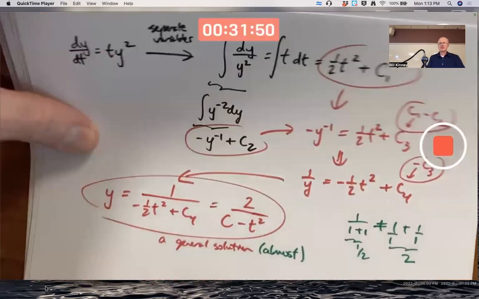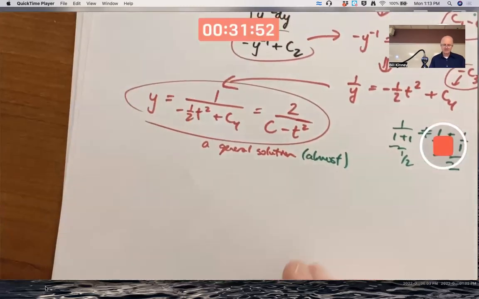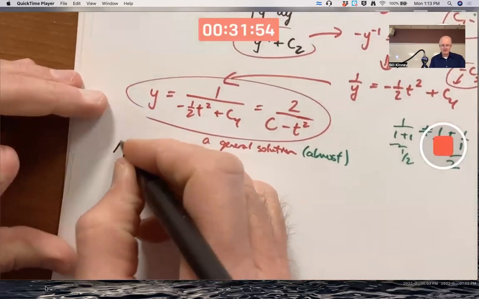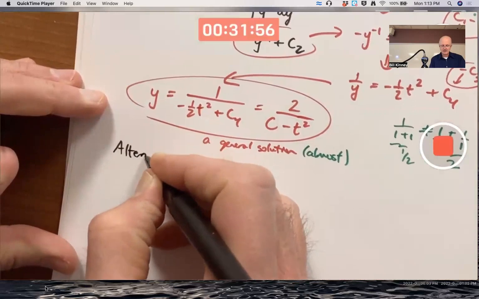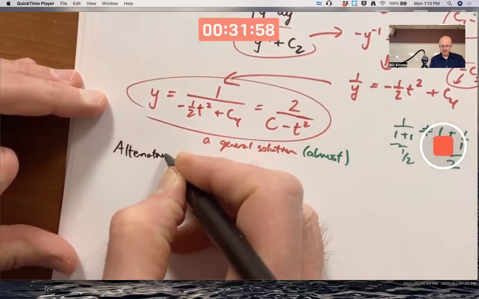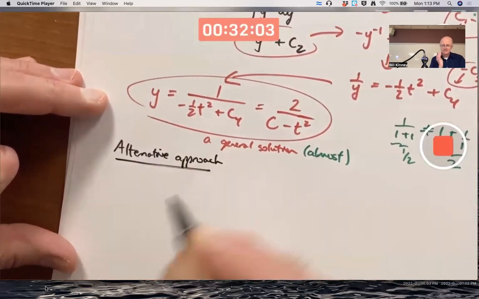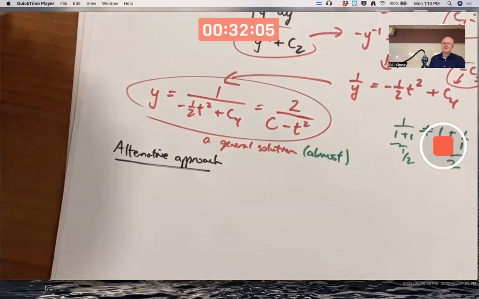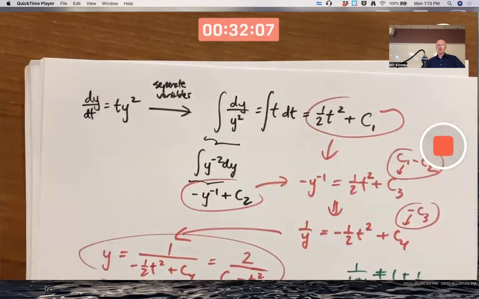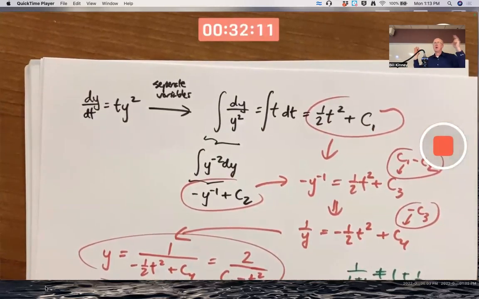Let me rewrite this differential equation with function notation. Alternative approach. And if you use function notation, this hand wavy stuff with pretending that's a fraction just goes away. It doesn't even arise as a problem.